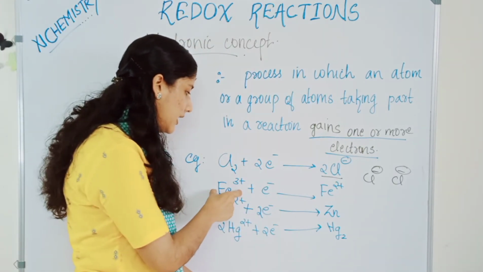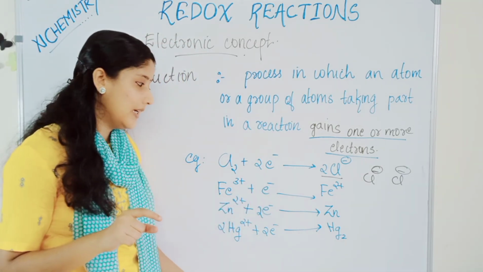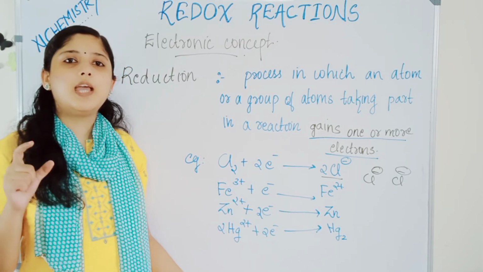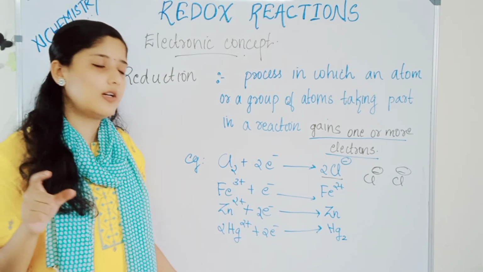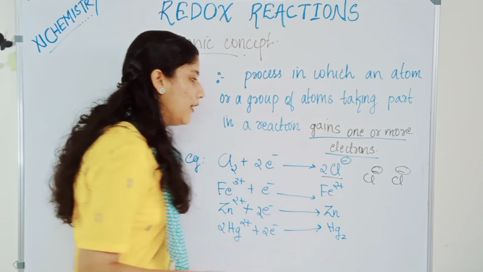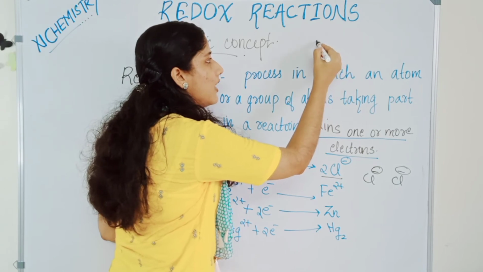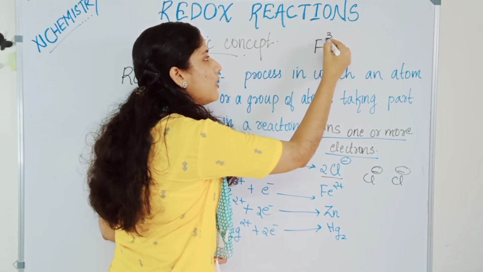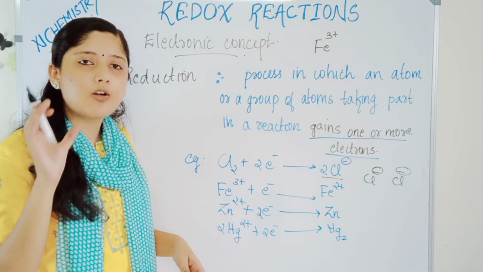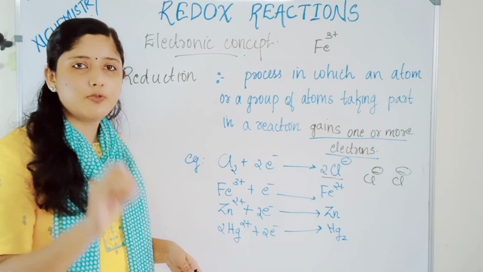Next, Fe3+ plus e-. When an atom gains an electron, it is reduction. So Fe3+ plus e- changes to Fe2+. For those who haven't understood, Fe3+ means the ion is 3 electrons deficient.